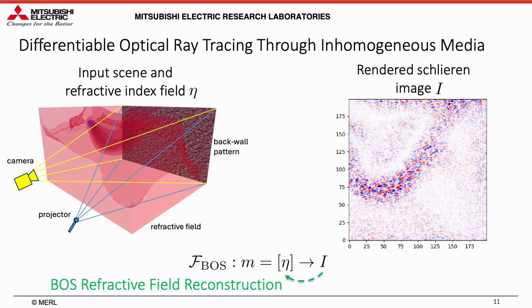And so given the rendered Schlieren image I, we want to relate that image I to the refractive index of the airflow itself.